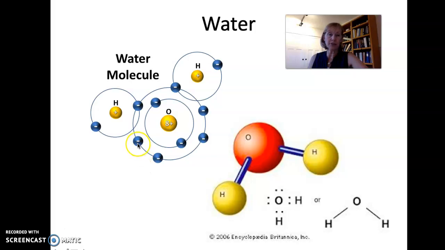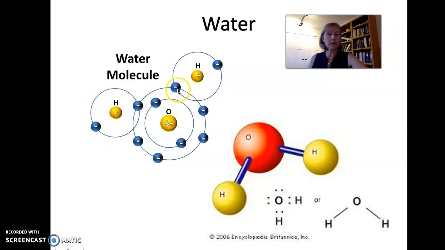In that outer shell, the valence shell, it has 1, 2, 3, 4, 5, 6, making it unstable. 8 will make it stable. In this molecule, you're seeing these shared electrons. Hydrogen has 1, and its first shell is filled with 2, so it could do with some sharing. It could share 1 and end up with 2 in its vicinity.